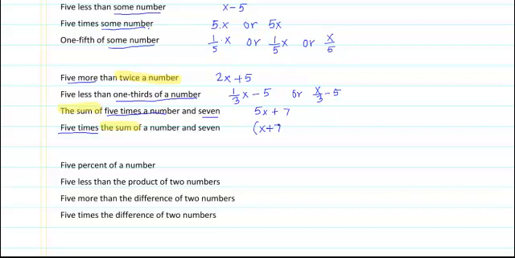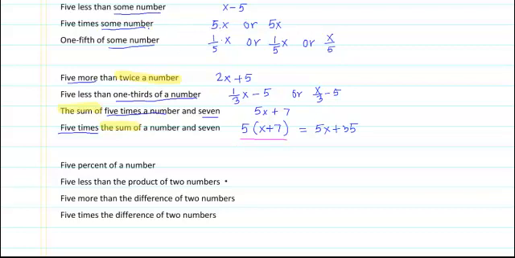So this expression, we need 5 times this, so 5 times x plus 7. Now later, as we get to simplifying algebraic expressions, you will also apply the distributive property if required and say this actually is 5x plus 35. But for now, we are only reviewing how to write a verbal expression as a variable expression. So right now, this is all you need for the answer, 5 times x plus 7.